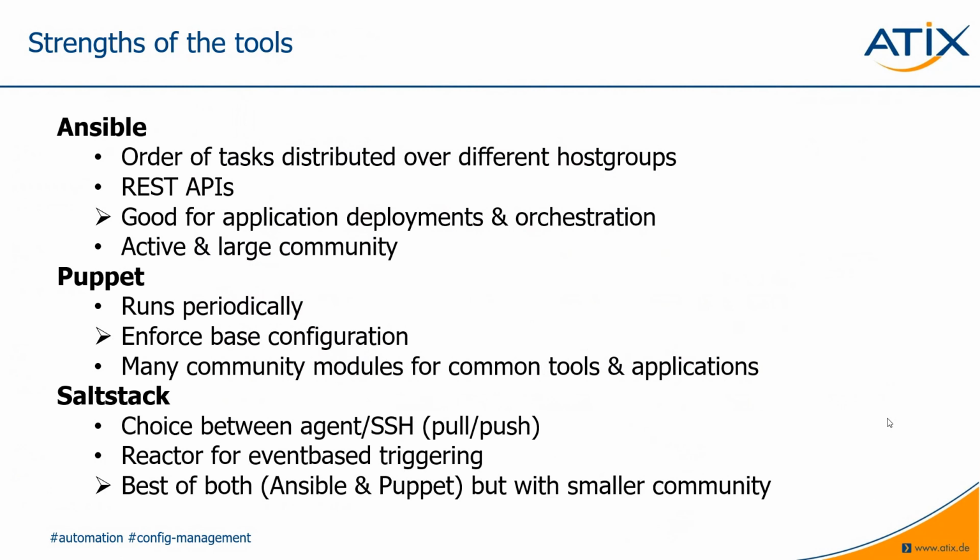Because first I have to set up the first host, then connect the other hosts which are needed for the control plane, and then take in all those worker hosts. Ansible is also great to talk to REST APIs, which means I can use Ansible as well to configure my network switches. And for those, often there are already roles available.